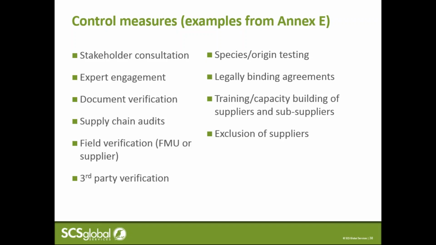Note that specific requirements are identified for both stakeholder consultation and expert engagement. Supply chain audits may serve as a control measure to mitigate risk at the supply chain level, and field verifications may be conducted at the Forest Management Unit or at any of the suppliers along the supply chain.